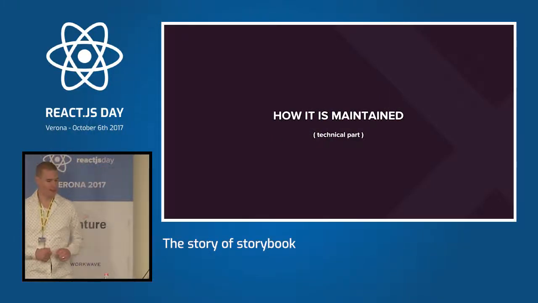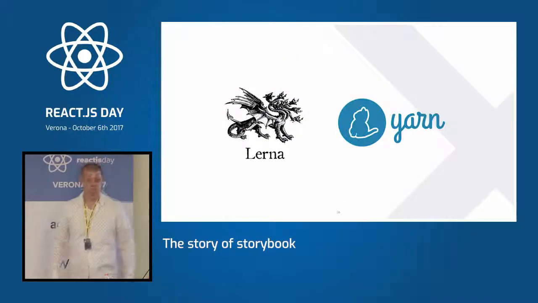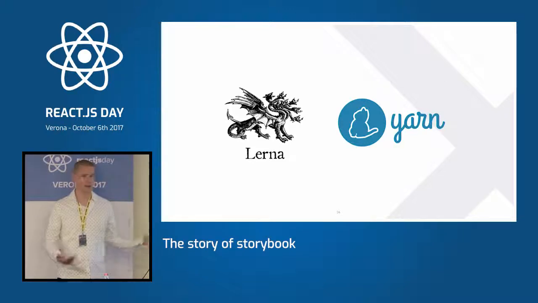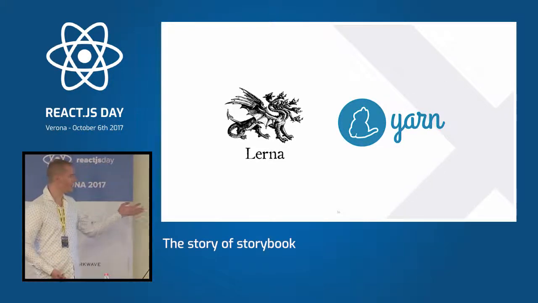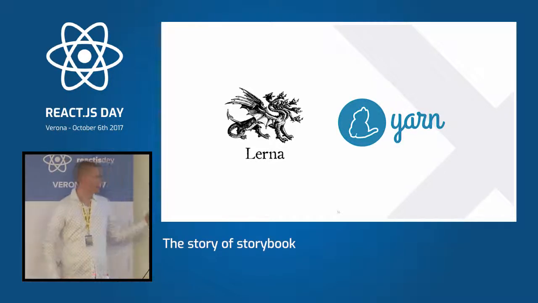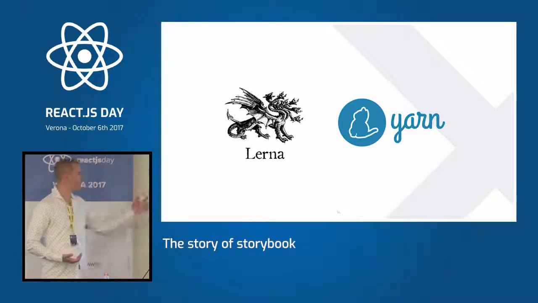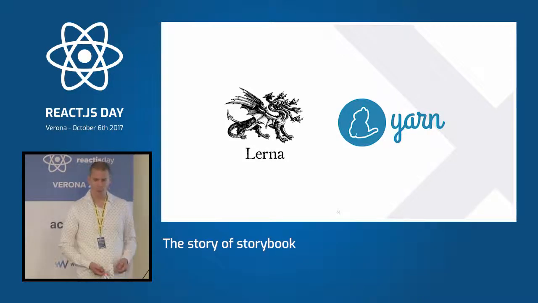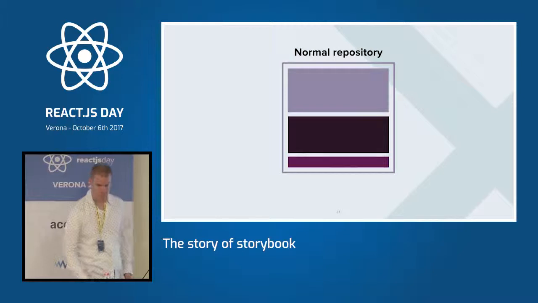So let's do a little bit of a technical deep dive. I really want to thank the authors of these two libraries. They really make the part that I'm going to be talking about possible. Lerna and Yarn are two of our major keystones that we're using to build Storybook these days. And why are they so important?